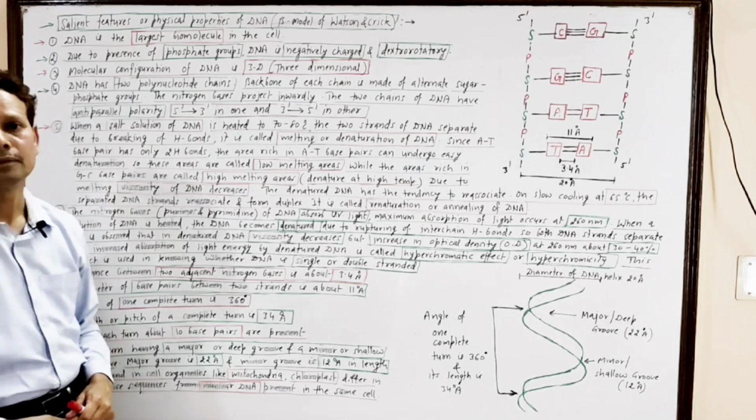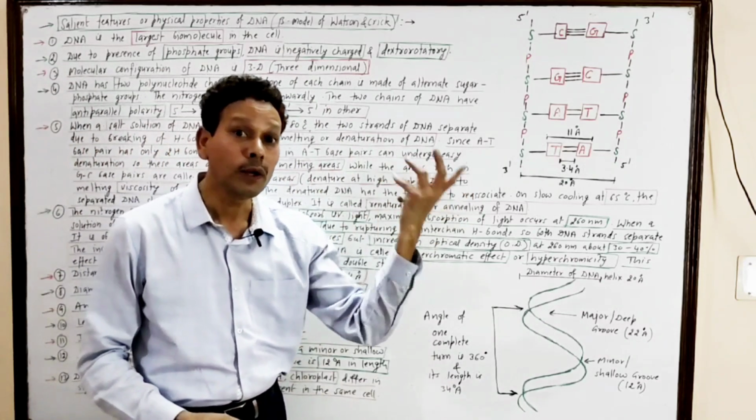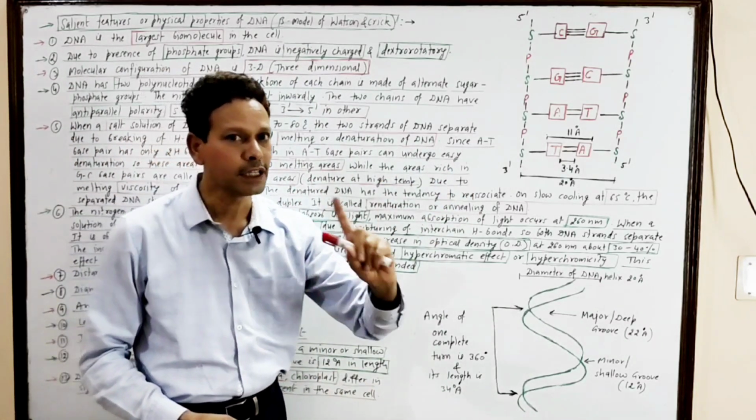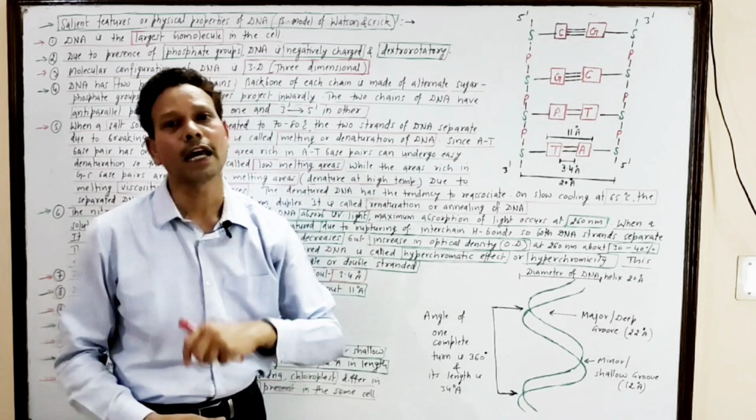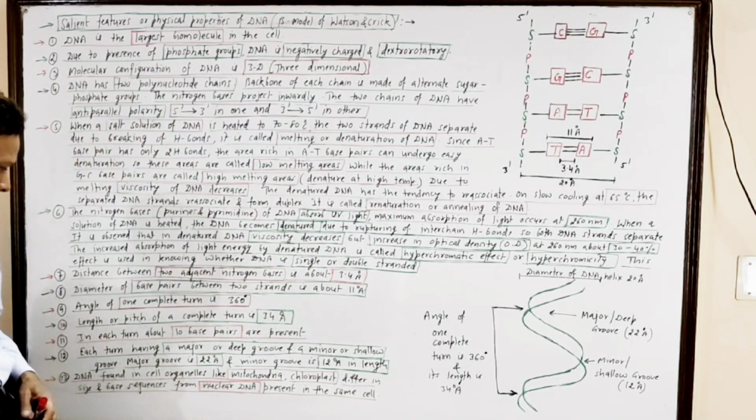DNA, this genetic material, is generally found in the nucleus, as well as in some cell organelles like mitochondria, chloroplast, plastids.